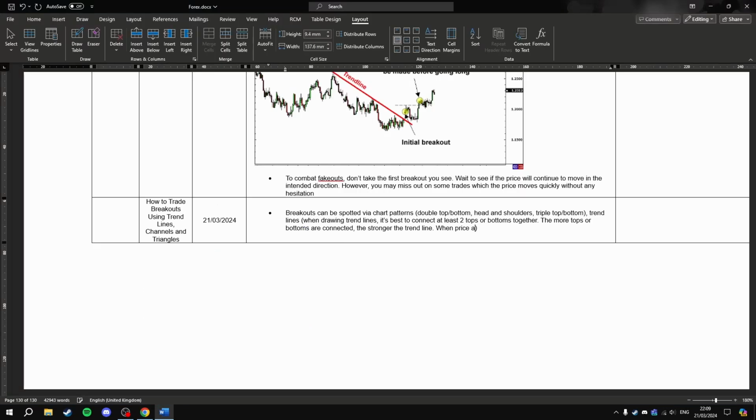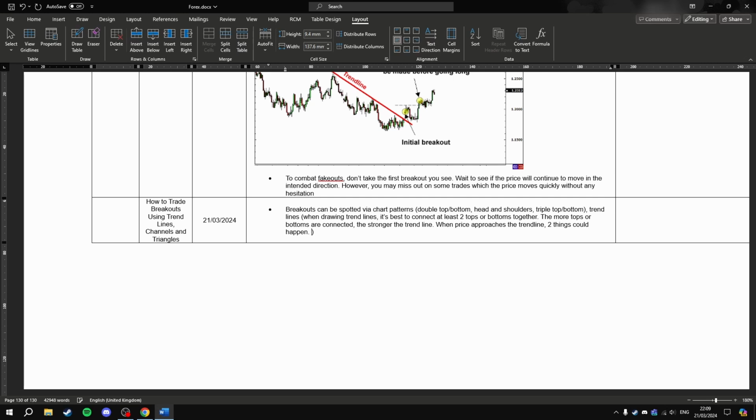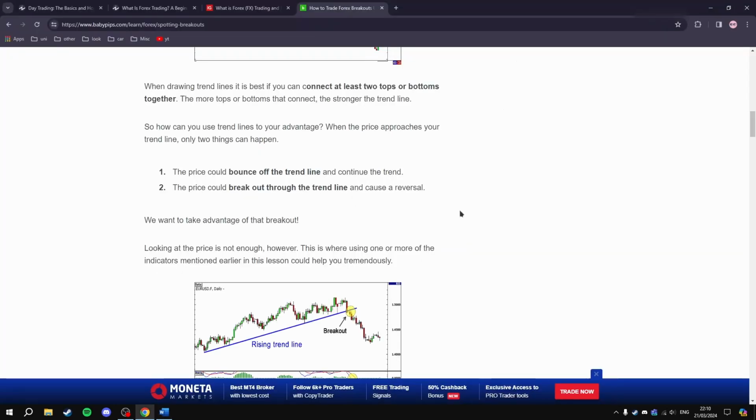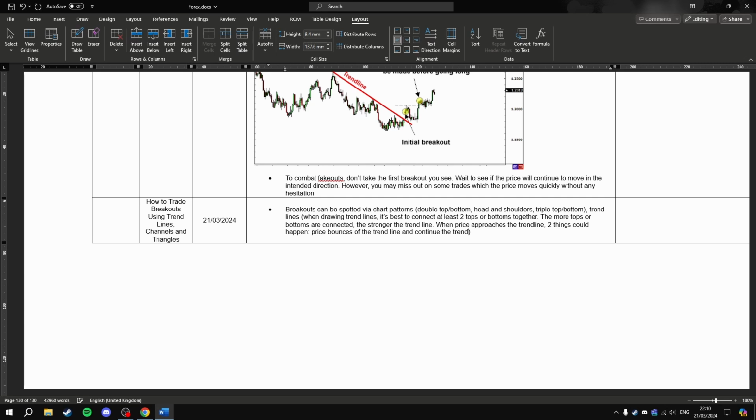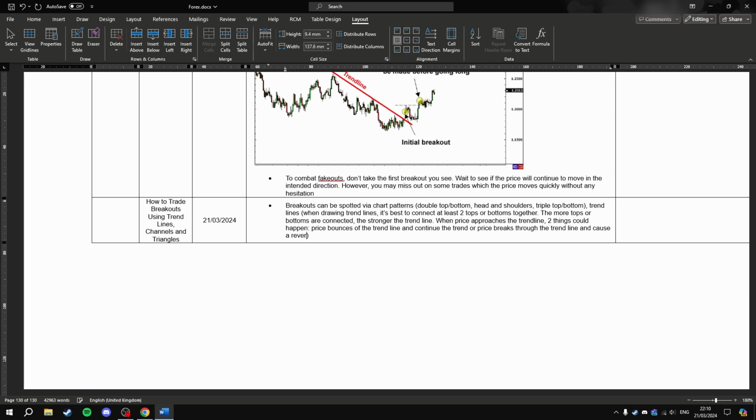When price approaches the trend line, two things could happen. Price bounces off the trend line and continues the trend, or price breaks through the trend line and causes a reversal.